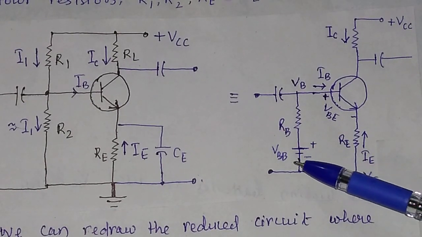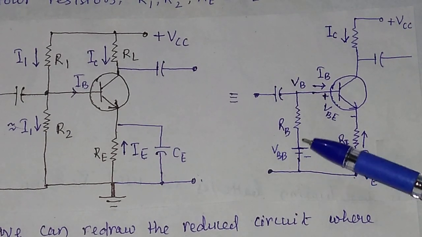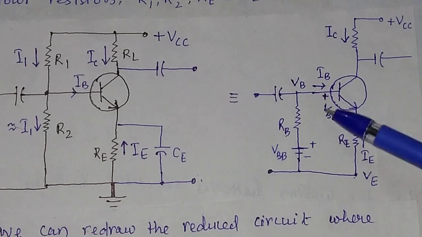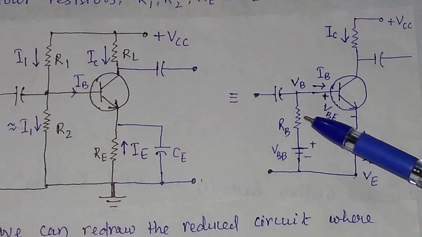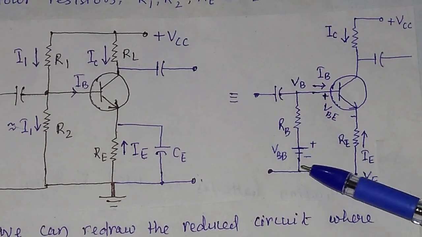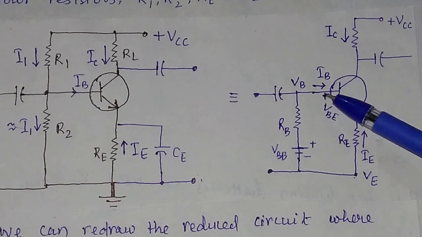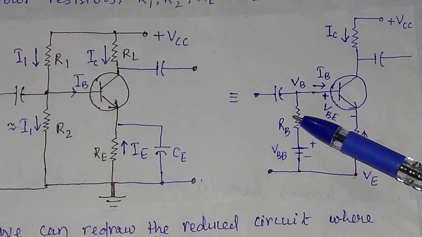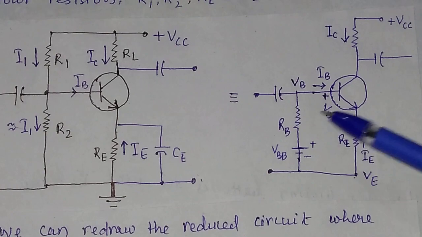You see the potential applied to the input, that is the DC potential VBB, will be equal to the potential drop at the base plus the potential drop at the base resistor. And what will be the potential drop at this base resistor? This is equal to IB into RB.